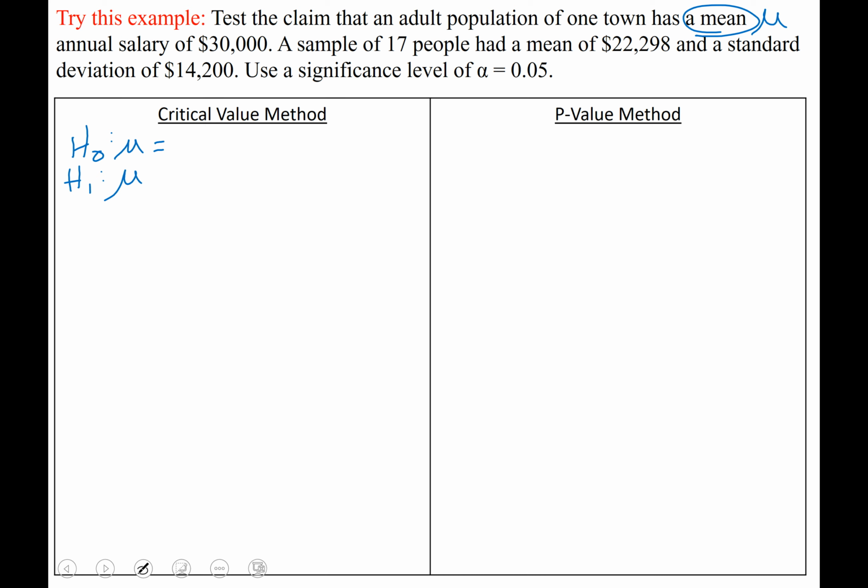So that means that their claim is the equal sign. But as you know, you're not allowed to use the equal sign in the alternative hypothesis. You're only allowed to use greater than, less than, or does not equal. So you're going to use the complement of equals, which is does not equal. Okay? All right, and then it's $30,000.